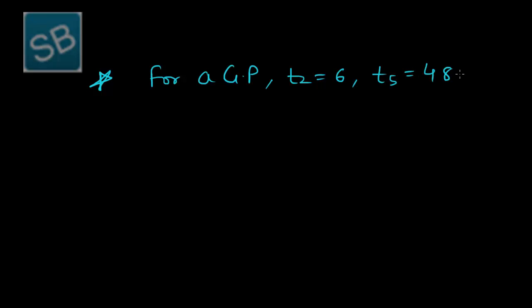Now we will do problems based on GP series. For a GP, if T2 is 6, that is, the second term is 6, and the fifth term is 48, then find the sum of 6 terms.